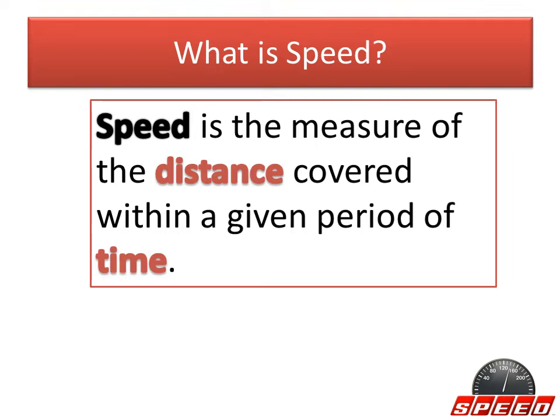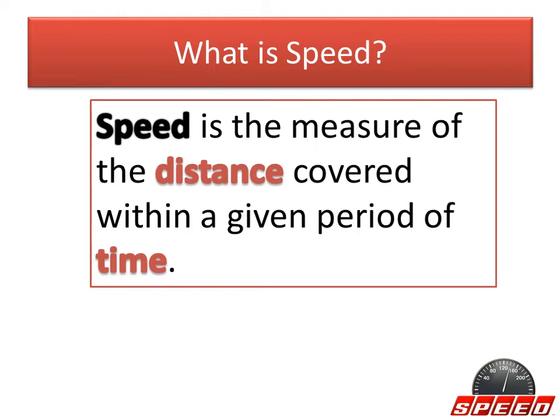So, let me explain it like that. Let's say you have a shop next to your house. How much time does it need you in order to cover this distance from your home to the shop? Let's say the first time you were walking, the second time you were running.